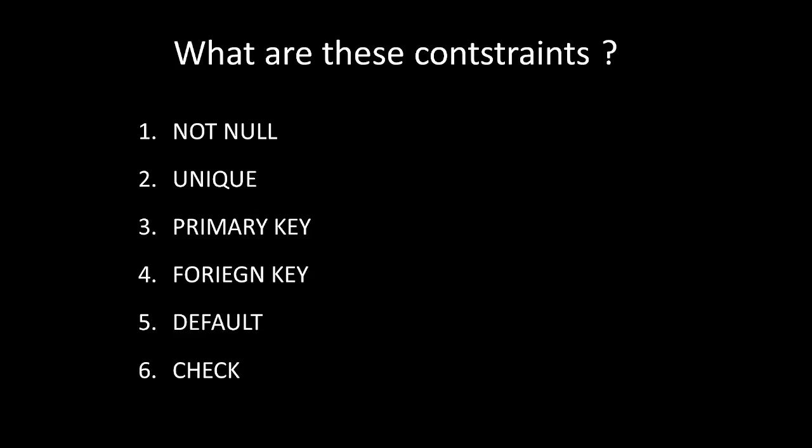Now the fourth one is foreign key, which prevents actions that would destroy links between tables. Then default will set a default value for a column if no value is specified. Suppose for a column we don't give any values, then the default value will be assigned to it.